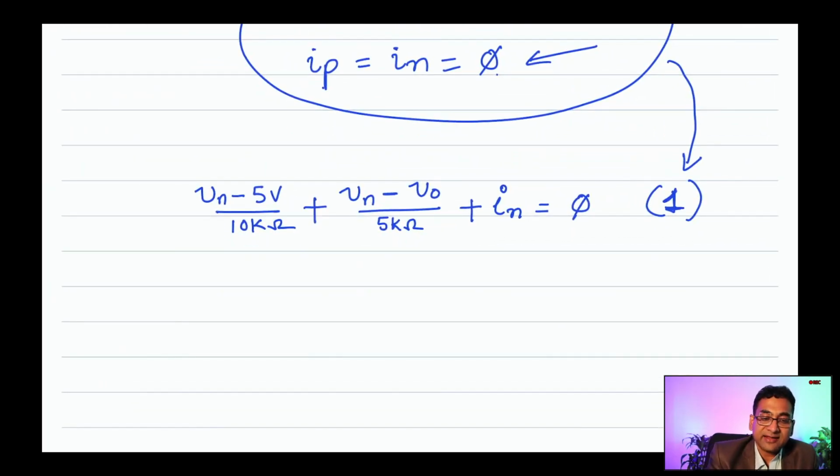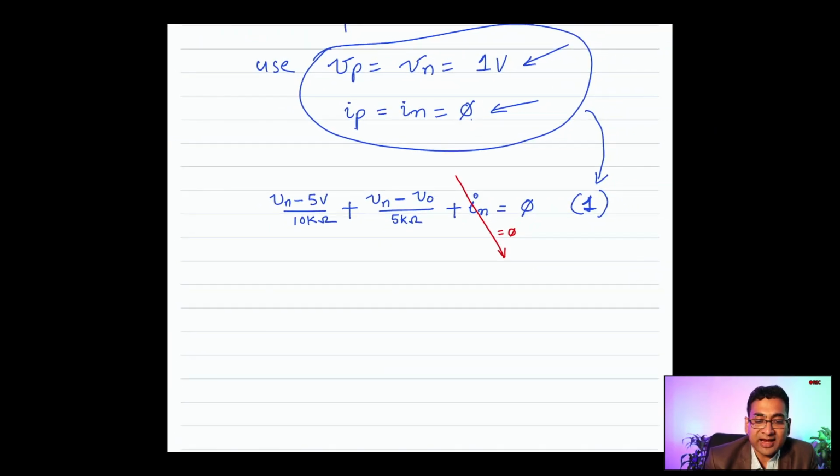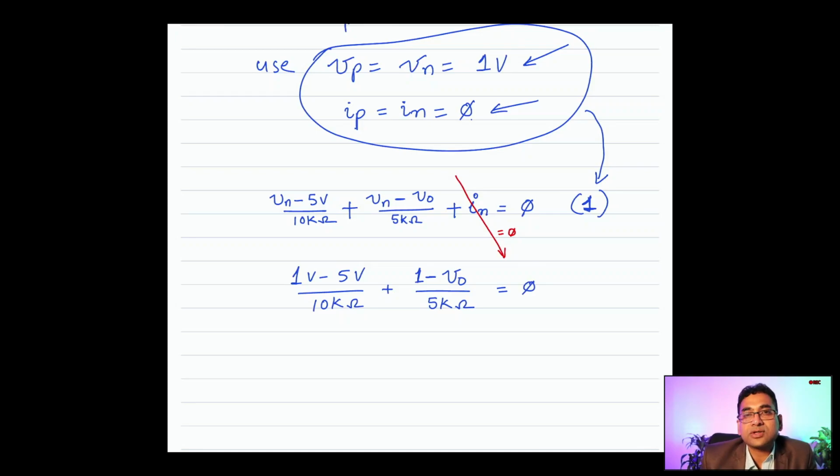So what happens? The first thing I am going to do, and I get a lot of pleasure by doing that, is to make In equal to 0. Now I plug in a value of Vn equals 1. So in place of Vn I am going to plug in 1 volt minus 5 volts by 10 kilo ohms plus 1 minus Vo by 5 kilo ohms, all of that equals 0.